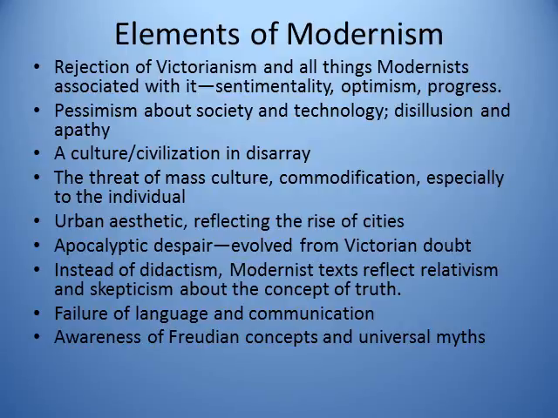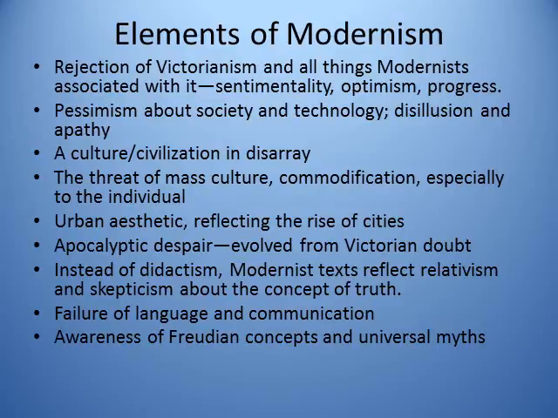Instead of didacticism, or works of literature that try to teach some kind of moral truth, modernist texts are going to be much more relativistic. They reflect relativism and skepticism about the very concept of truth. There is no central truth, or if there is a central truth, it's not available to you. You could never know it. So there's no central truth.